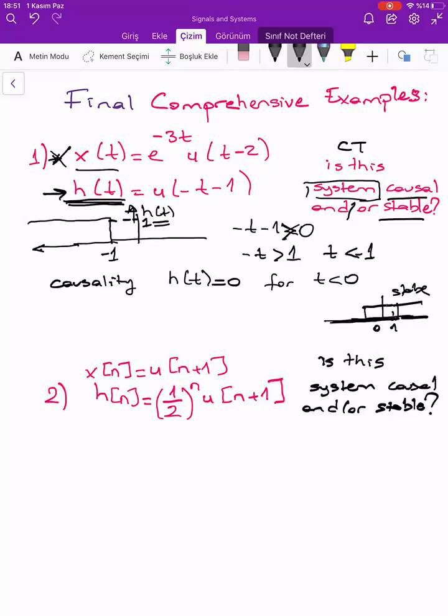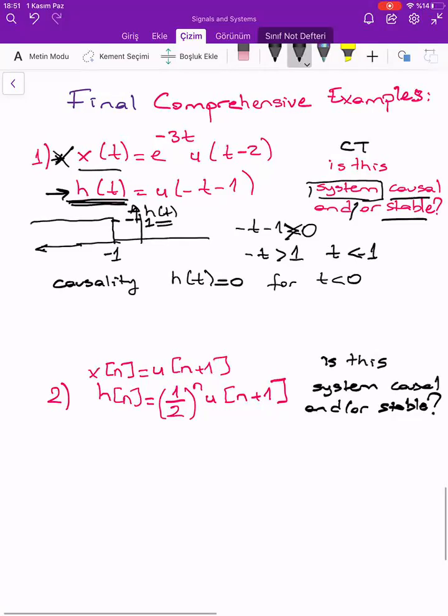But if I have something like that, okay, if there is something before 0, then I should say this is non-causal, okay? Let me draw this part again.